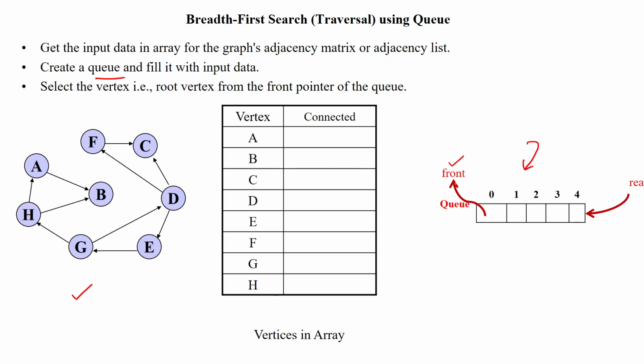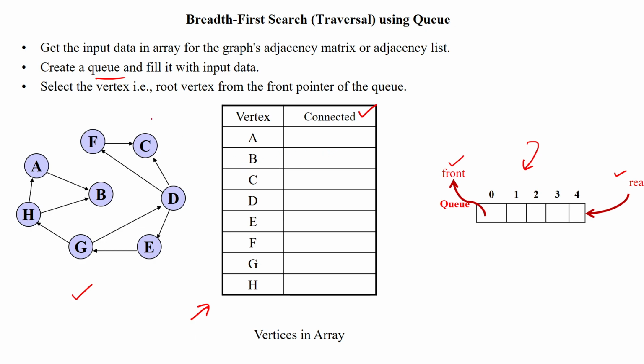The front pointer denotes the node going to be deleted or accessed from the queue, and the rear pointer is used to store the data or enqueue the data into the queue. Here this table shows the vertices connected or visited in the graph.